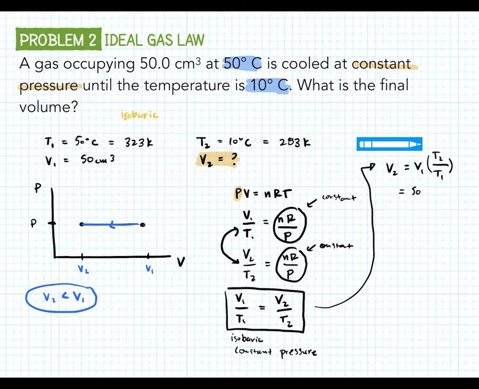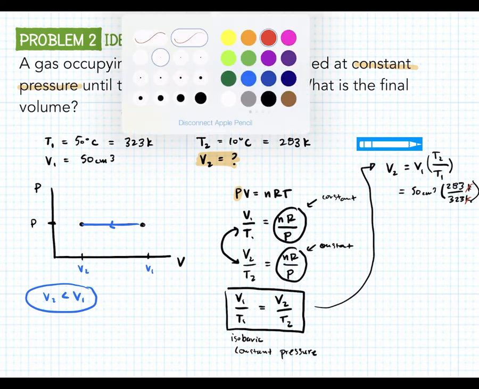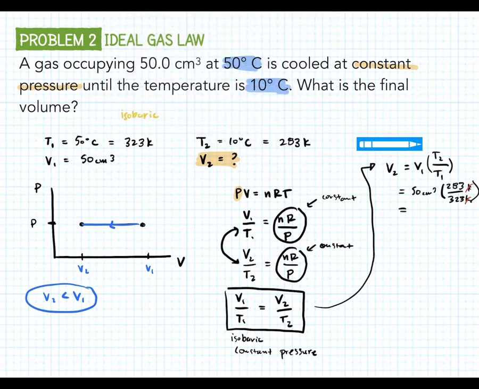So we get 50 centimeters cubed, and then our temperature 2 is 283 over 323, both Kelvin. And those kelvins should cancel, right? And then when we plug all this in, we end up with a value, and you can see this ratio should give us a smaller value, which is what we want, of 43.8 centimeters cubed.